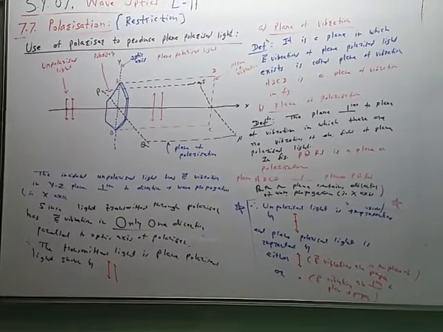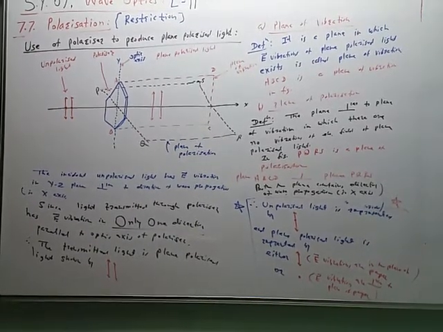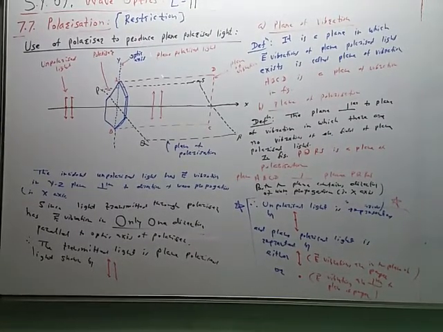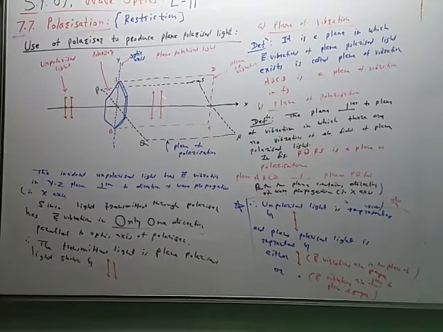So in the last article, we saw the use of a polarizer to produce plane polarized light. So this is the method of production of plane polarized light. Now this plane polarized light is present in the transmitted light from the polarizer. So whether it is plane polarized or not?